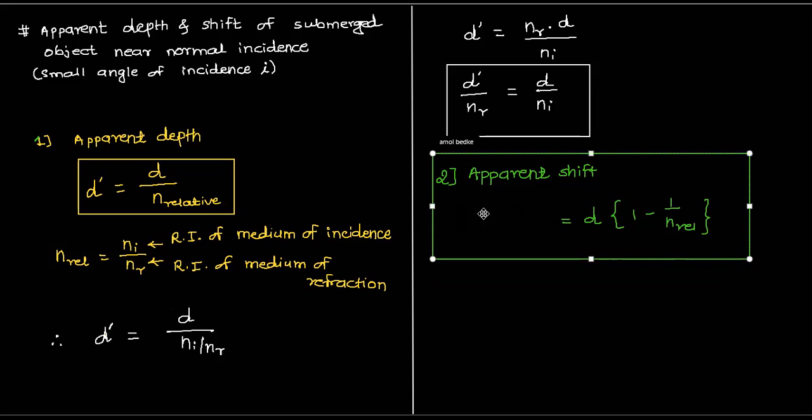This is for apparent shift and this one is for real depth, apparent depth, and refractive indices. Okay, let's solve one problem of this near normal incidence, whatever model we have finished today.